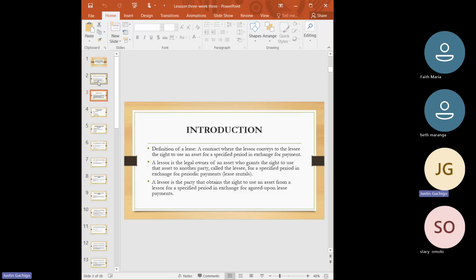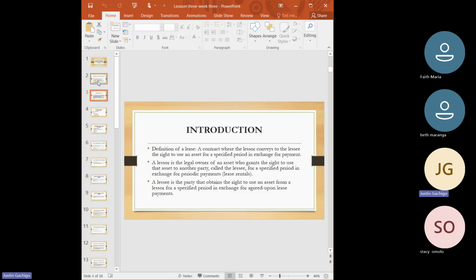So the lessee is also called the tenant, and then we have the lessor, who is the landlord, the person who has given you the right to use that facility in exchange for money. So we have these two main parties. We have the lessor, the legal owner of the asset, who grants the right to use that asset to another party called the lessee for a specified period in exchange for periodic payment.